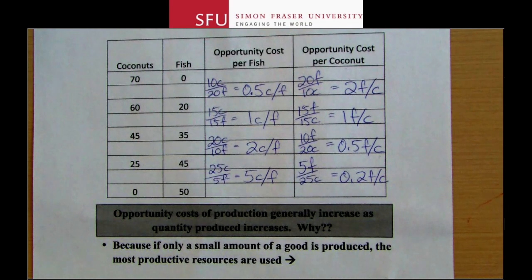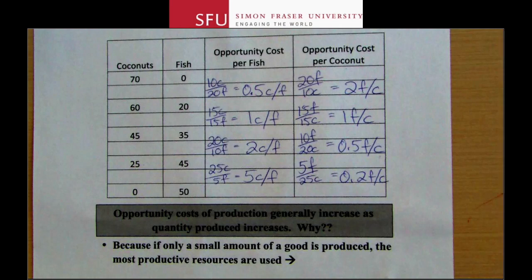Okay, so now filling in the notes. The notes here are about what I was just talking about. Why do the opportunity costs increase as you try to produce more?